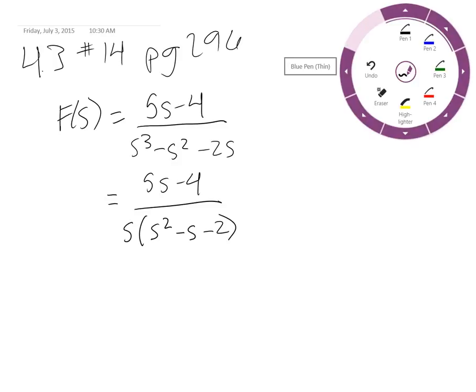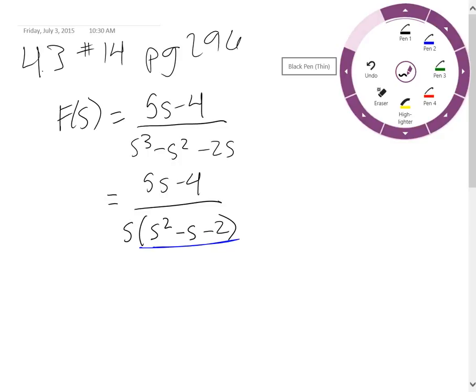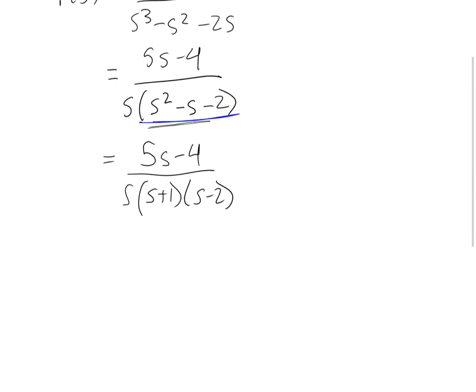And this here we can easily factor. We can split it up into (s plus 1) and (s minus 2), and if we multiply this out, we just get this right there.